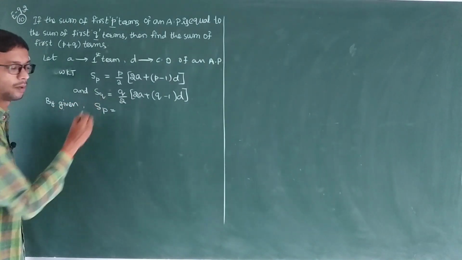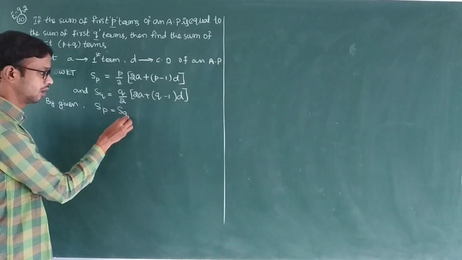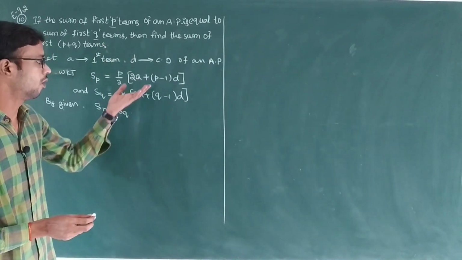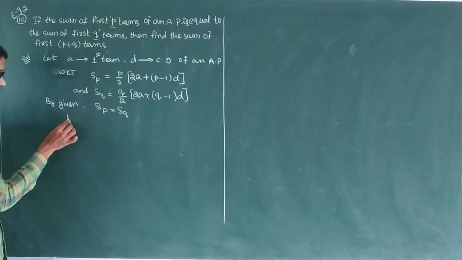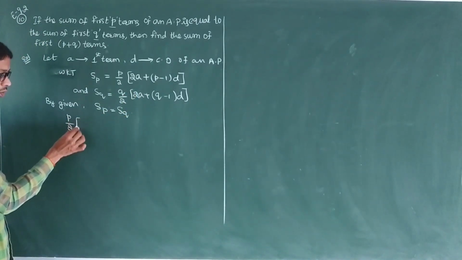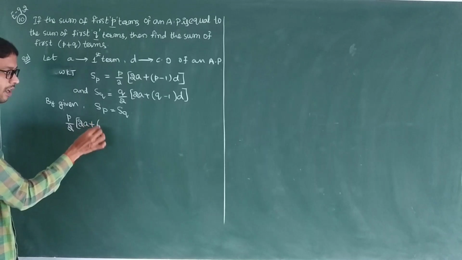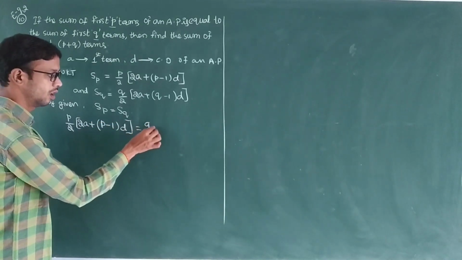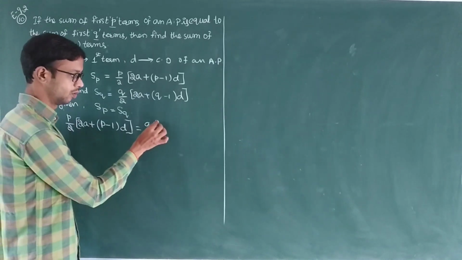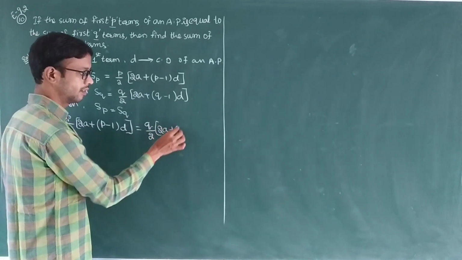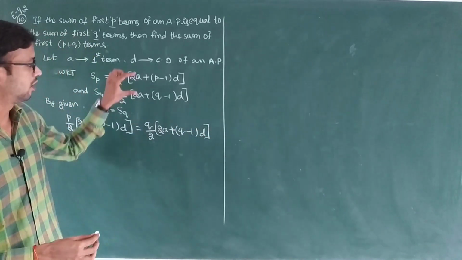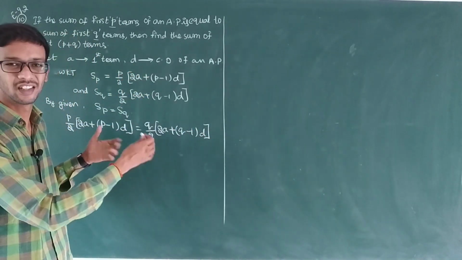the sum of p terms is equal to the sum of the first q terms. So now substitute here: p by 2 into (2a plus (p minus 1) into d) is equal to q by 2 into (2a plus (q minus 1) into d). Only these two formulas, next simplification only.